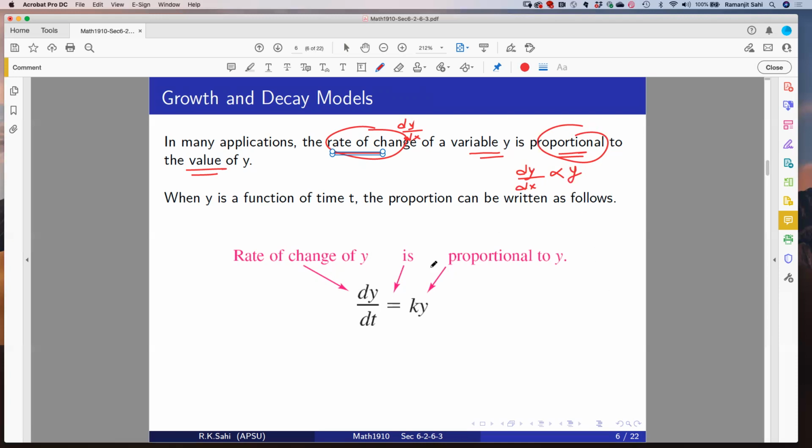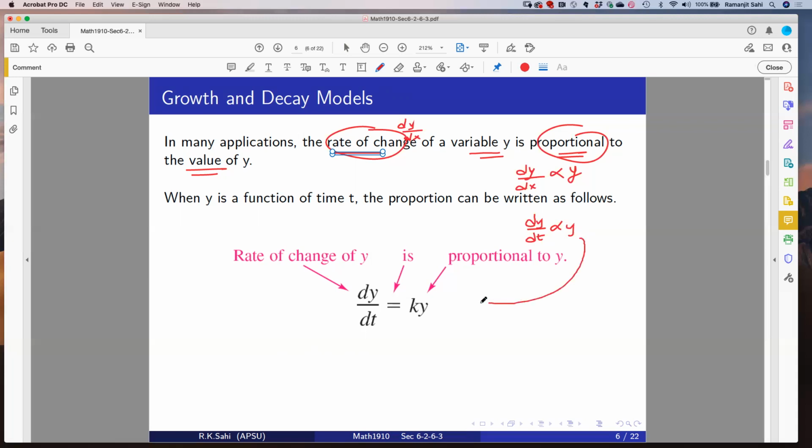Now, when we write it in a proper mathematical way, we're saying dy over dx is the rate of change. If it's not x, it can be t, so I can say dy over dt. It doesn't matter. It's an independent variable, and most of the time in applications your independent variable is time. That is why we write dy over dt is proportional to y.